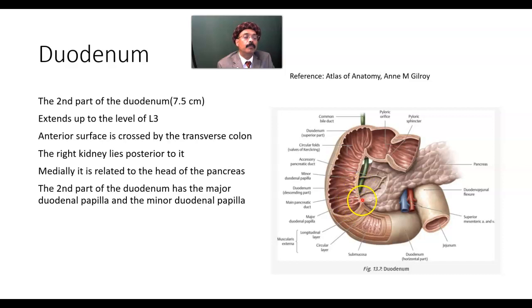So at the major duodenal papilla, we have the main pancreatic duct and the common bile duct. They unite to form the hepatopancreatic duct, they form an ampulla that opens into the major duodenal papilla.